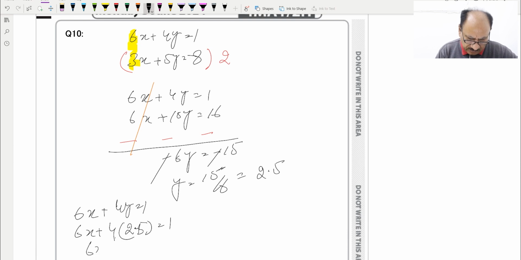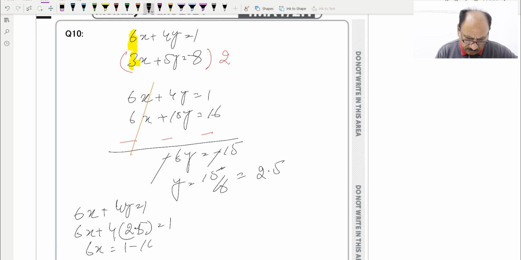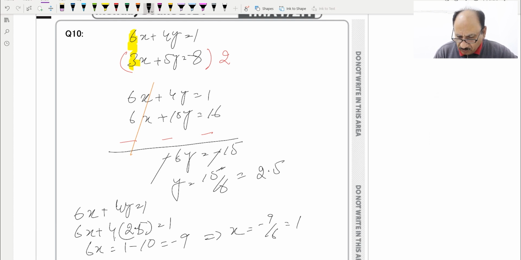So 6x is equal to 1 minus 4 into 2.5. 4 multiplied by 2.5 is equal to 10. So 1 minus 10 is equal to minus 9. So this implies x is equal to minus 9 by 6, and minus 9 divided by 6 will give us minus 1.5. So x is minus 1.5.